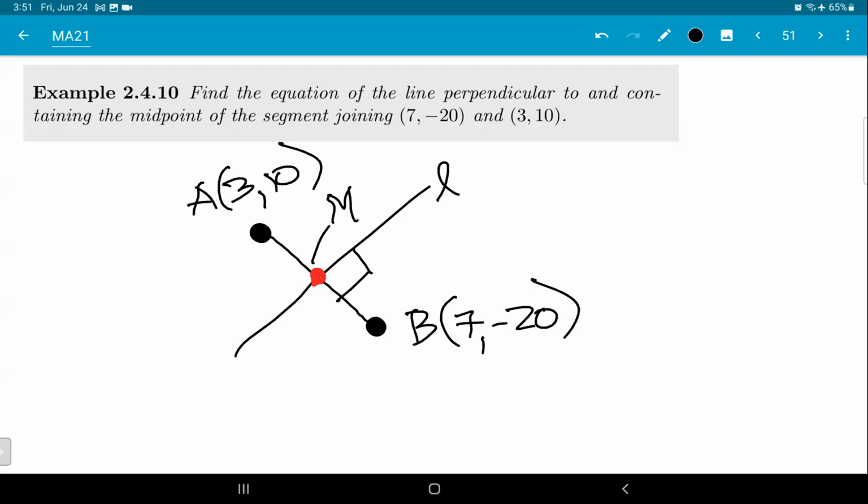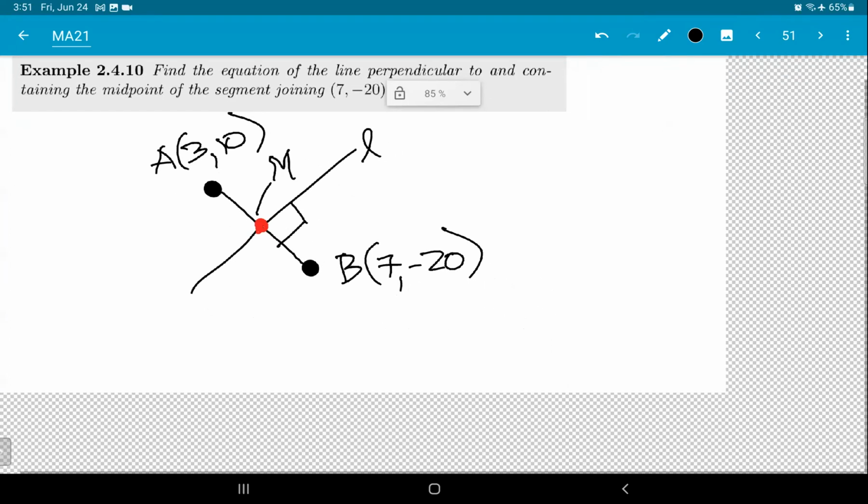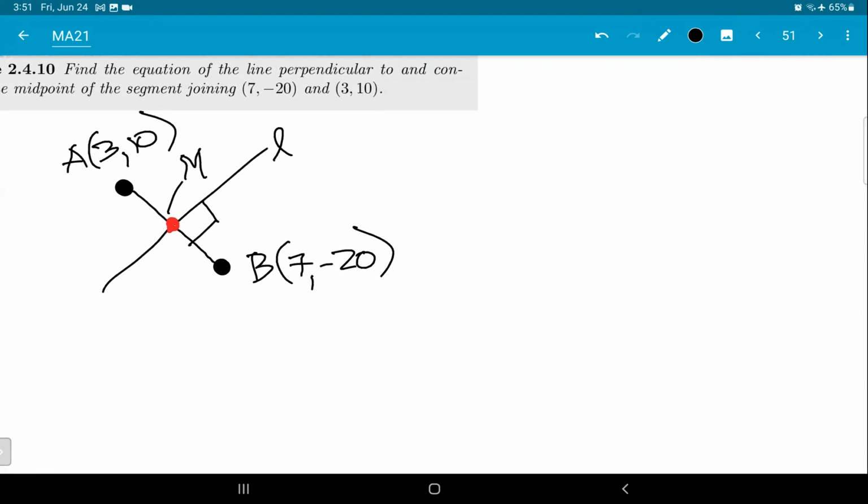Anyone give me the coordinates of the midpoint? Midpoint 5, -5, correct.